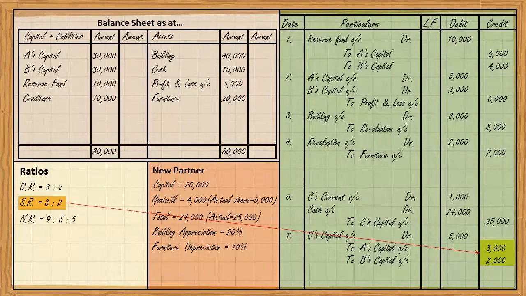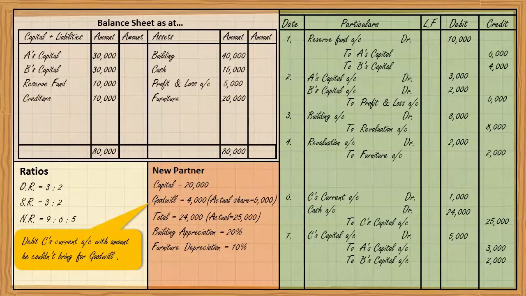This is the sacrificing ratio of A and B, and that is 3:2. So what you have noticed, only one thing extra you have to do: debit C's current account, and the amount will be the shortfall, I mean the amount he couldn't bring for goodwill. So this is the only difference when the new partner brings part payment of goodwill.